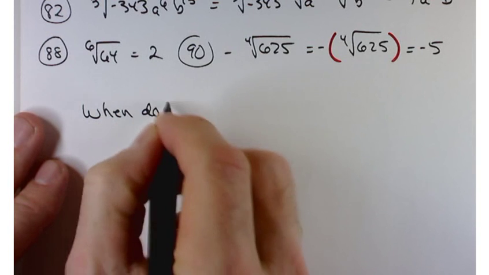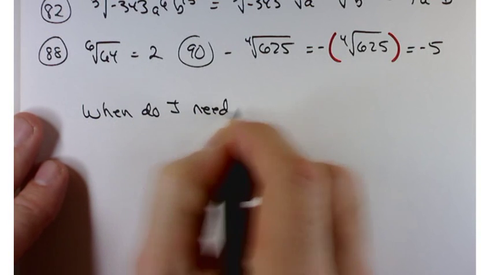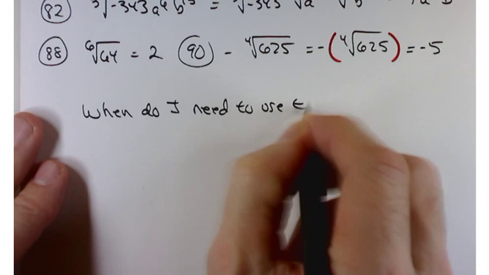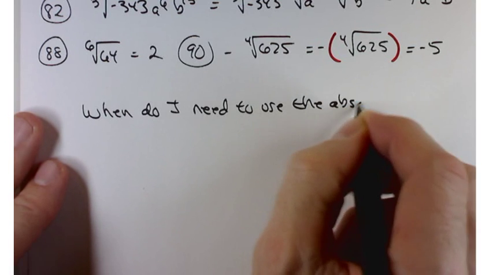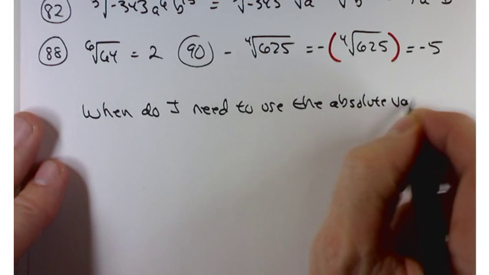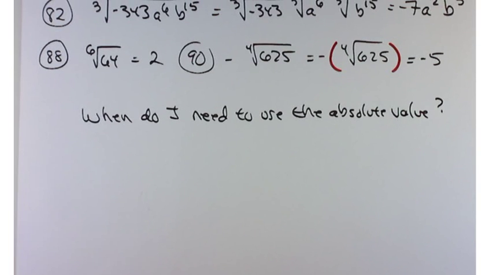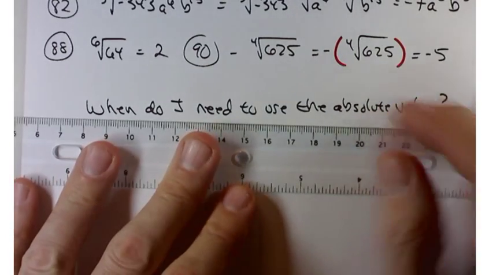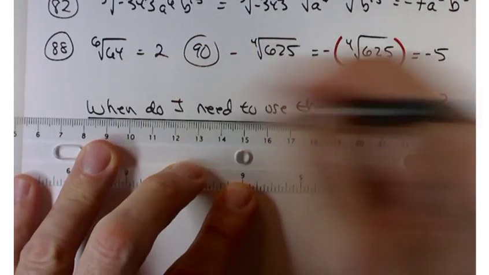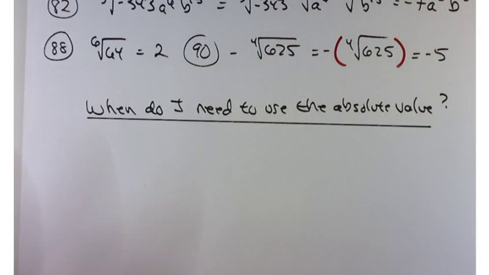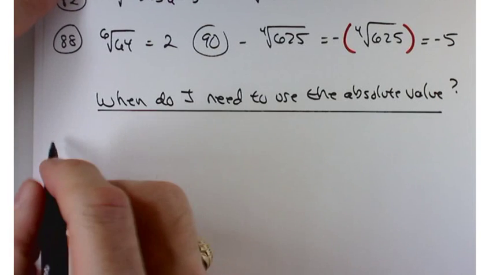When do I need to use the absolute value? It's a fair question. Well, there's two cases that we're going to discuss. And the two cases that I'll hold you responsible for.